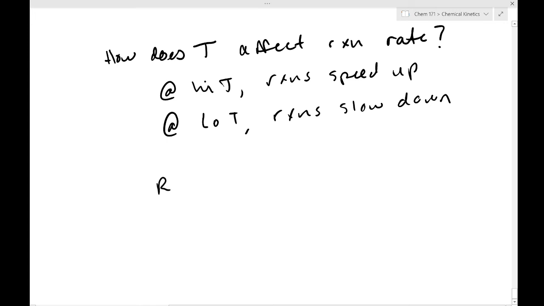So if we write out our reaction rate law, rate is equal to k times [A] to the nth power. This is our general simple rate law.